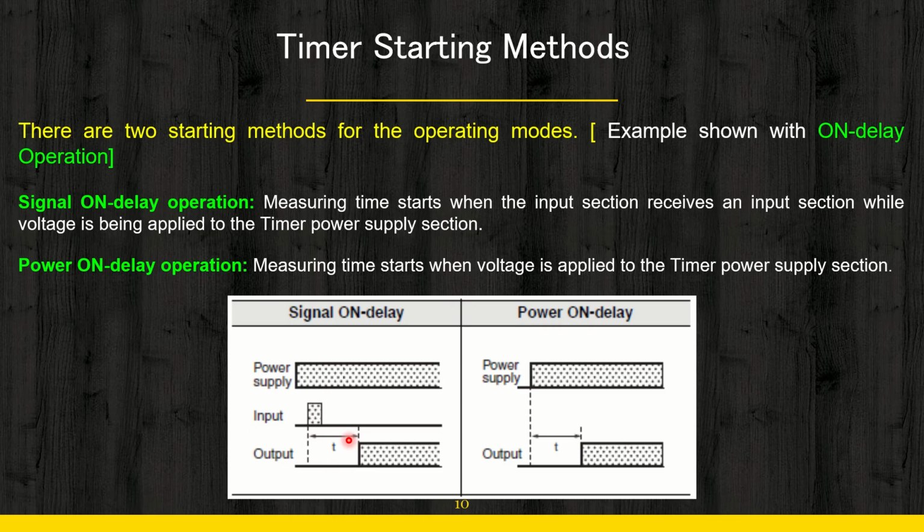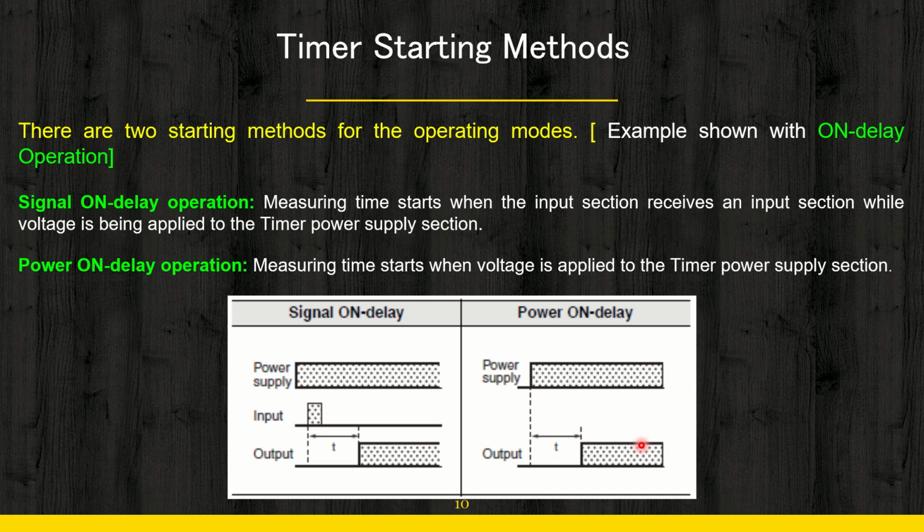In a simple type of device, you do not have the facility of getting this external trigger. Here whenever you put on the power supply, the timer starts counting, and after that preset amount of time the output is actuated. So these are the two starting methods you need to remember with generic timers that are available for industrial applications.